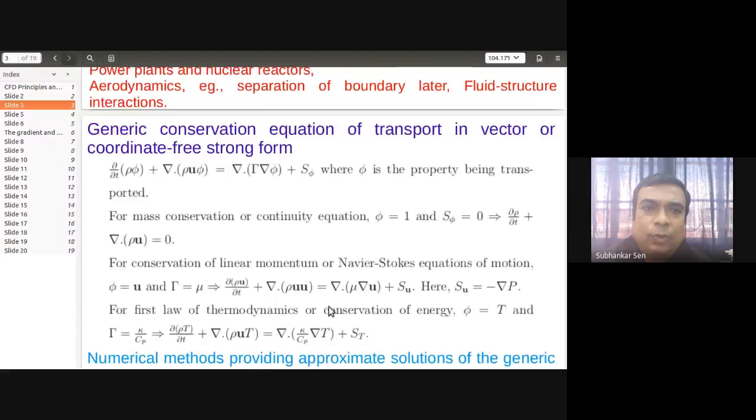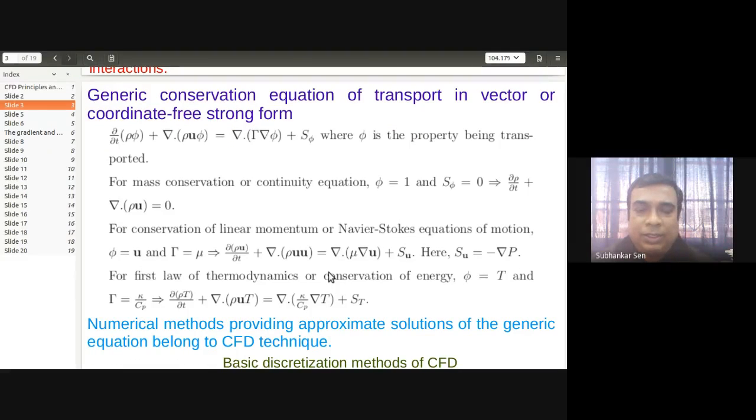So let us very quickly move to the governing equation. So this is the equation for this unknown phi. This phi can be velocity, this phi can be temperature, or phi can be any other quantity. So this nabla is an operator. Okay. This is known as the del operator. So this is del dot, a dot product, and this is the diffusion coefficient.